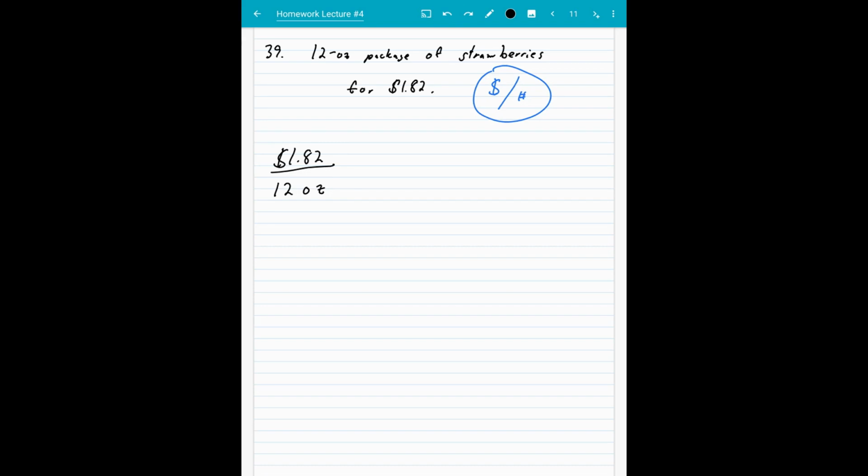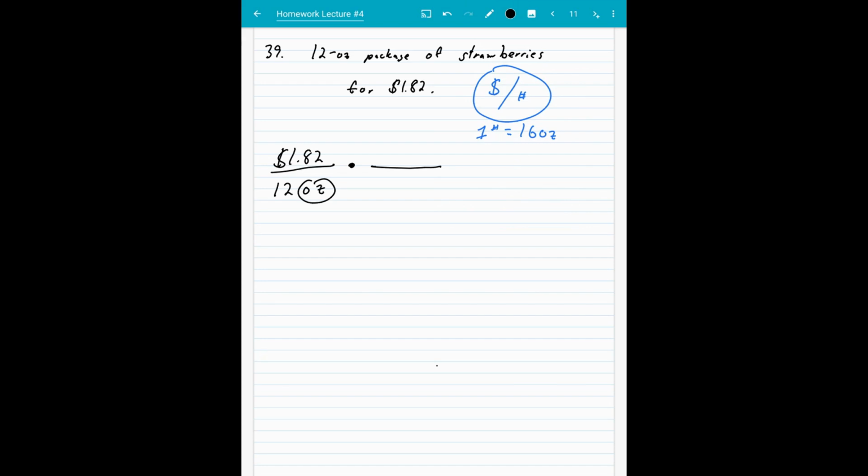We just need to convert. We need to get ounces to pounds somehow. So we will need that conversion. We need to change ounces to pounds. So again, for every 1 pound, there's 16 ounces. Now when we multiply this one, we're not dealing anything with this dollar sign. The dollar sign is not going to change when we introduce this unit of measurement. We want to get rid of ounces.